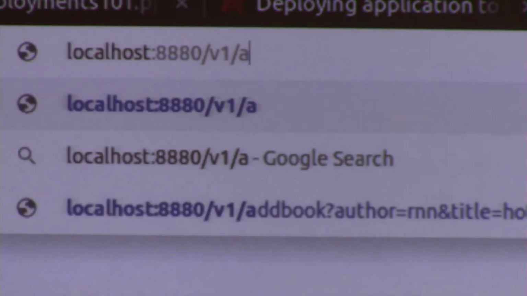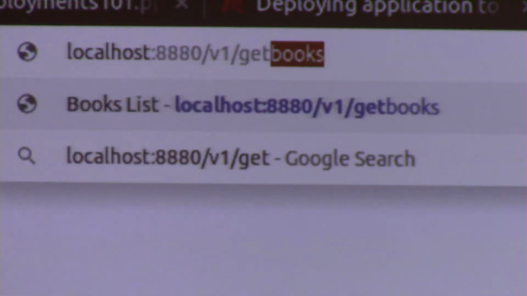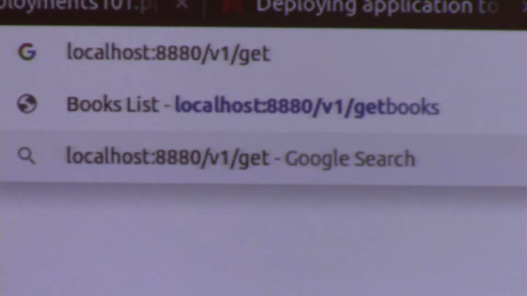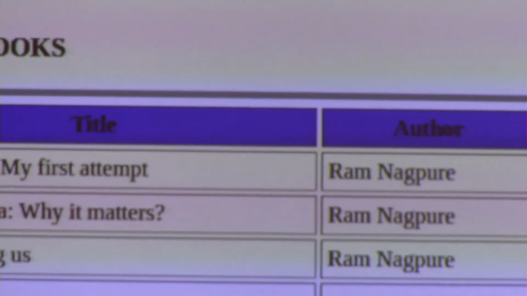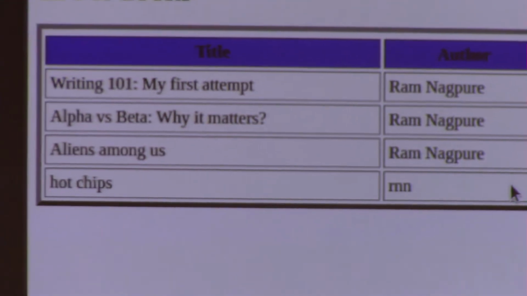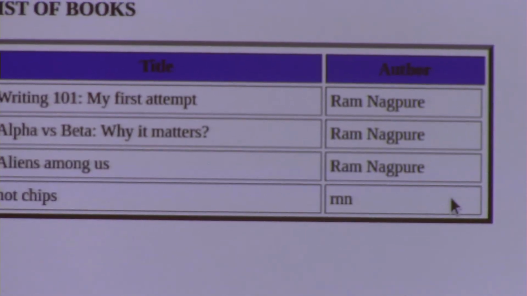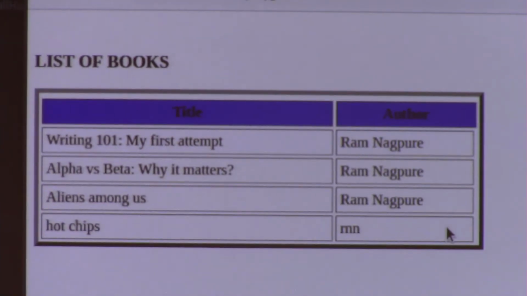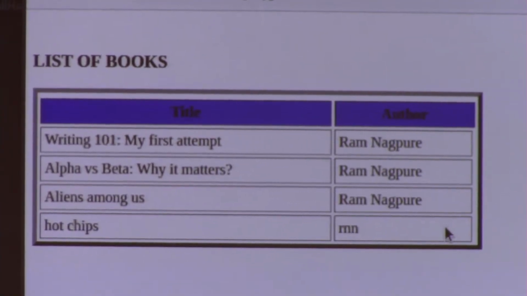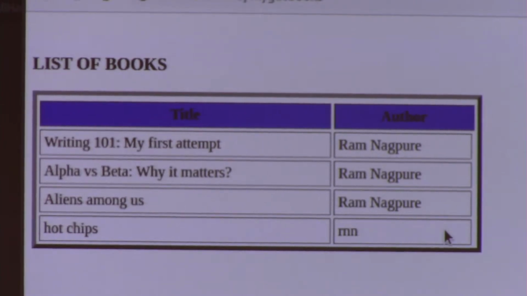If I go back and say get books, so hot chips is added. Right? So that's the beauty of microservice. It allows you to run stuff in a faster way. And because it's self-contained, very small code. And you can think about, that's how Amazon has that scaling of operations. It's really very, very fast.